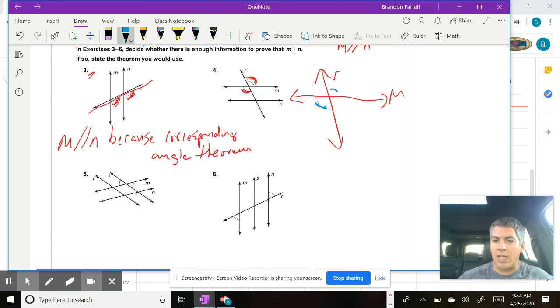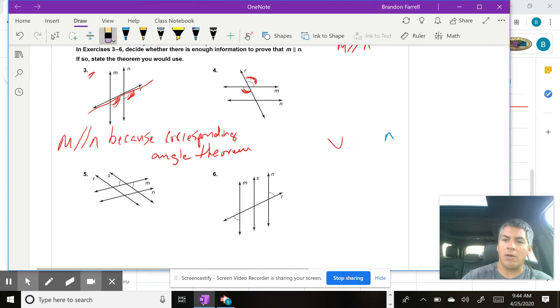Well, what two lines are we trying to prove parallel? We're trying to prove M is parallel to this line N, and therefore those two particular angles being congruent, even though they're vertical, aren't going to tell us anything about M and N together. So just to erase that thought process, we're not going to make a statement that those lines are parallel, because the two angles really don't have anything to do with each other.